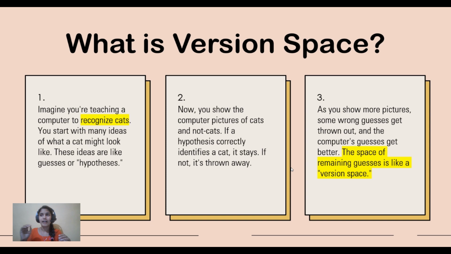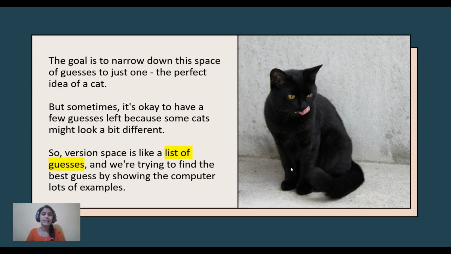So as I give more images of cats to the child, it will recognize cats better, right? And it will throw out all the guesses which are irrelevant. So the remaining guesses which are with the child, that is called version space. I hope you understood it. If it is more complicated, then please rewatch this video. I'll move forward. The goal is to narrow down this space of guesses to just one, the perfect idea of a cat.